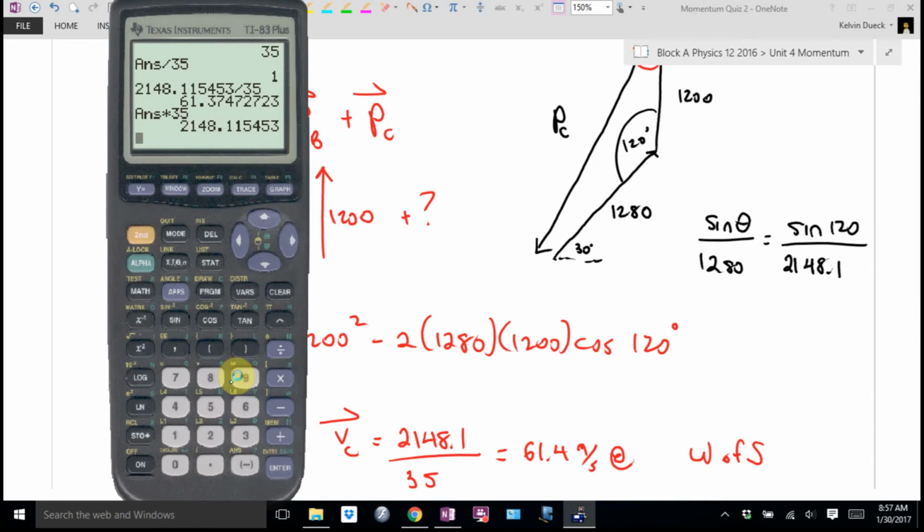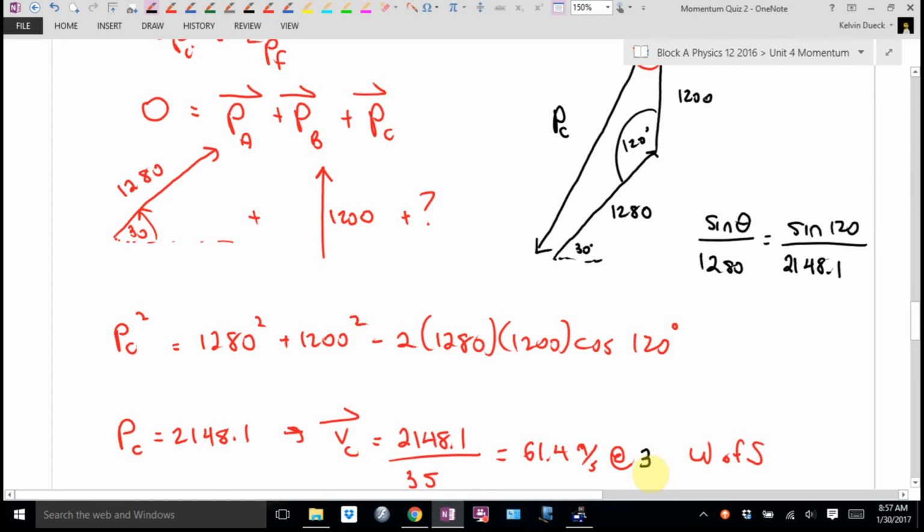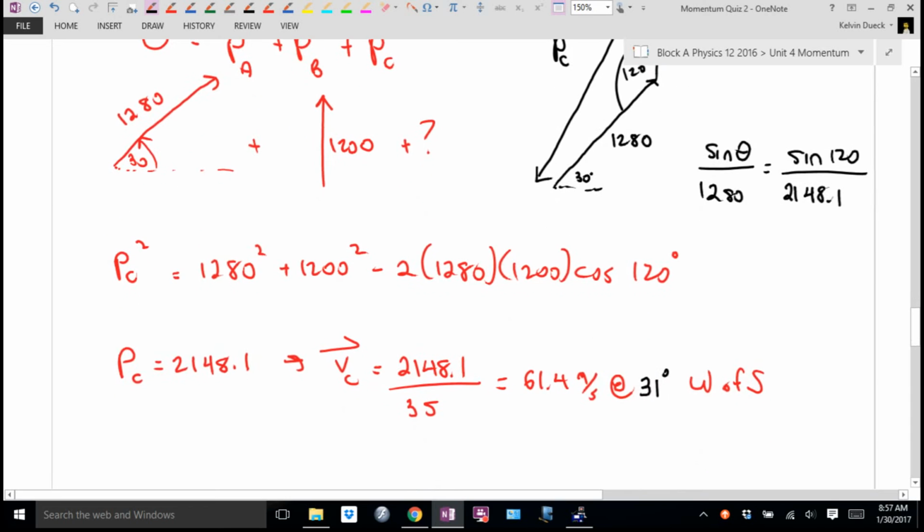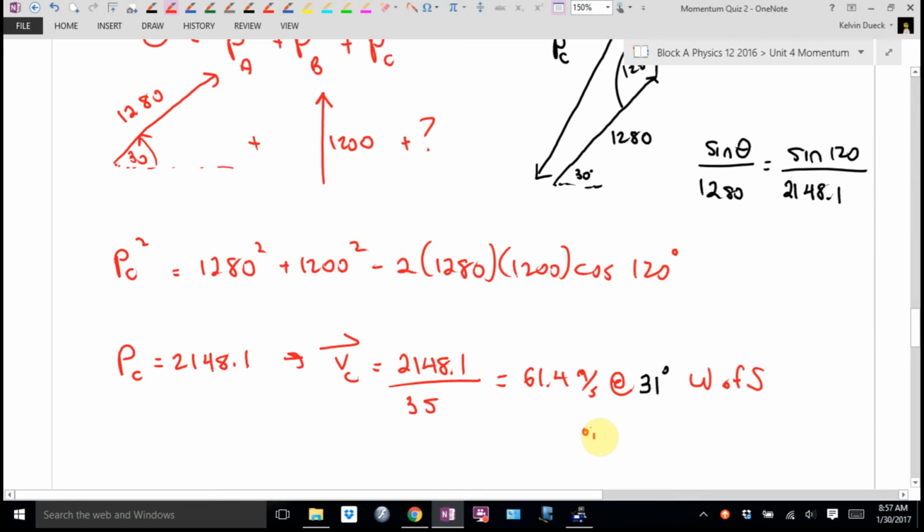Which is that number there. 1280 sine 120 divided by, I'll use my answer button since I now have that stored. Shift sine of that. Do you get 31.1 degrees? Really 31 degrees? West of south? Or 90 minus 31, 59 degrees south of west.